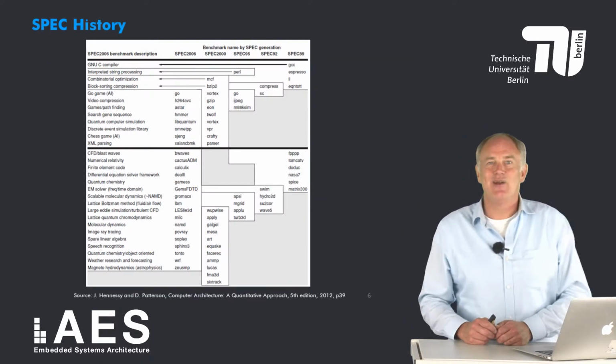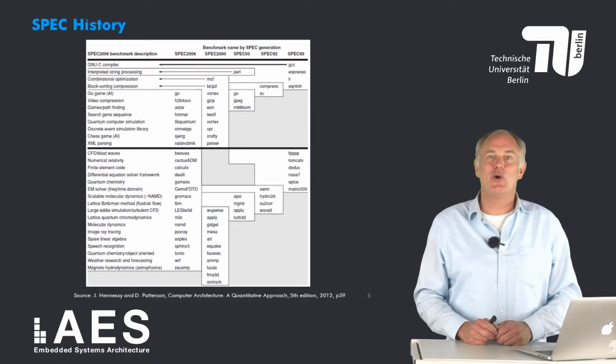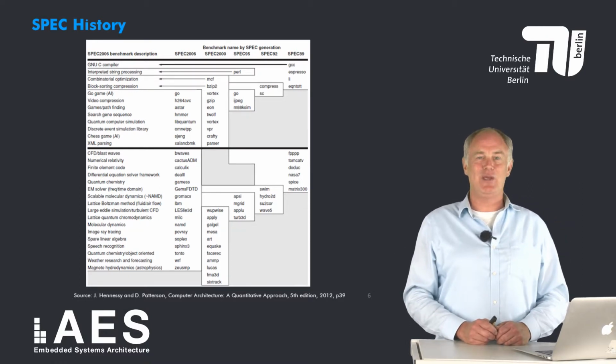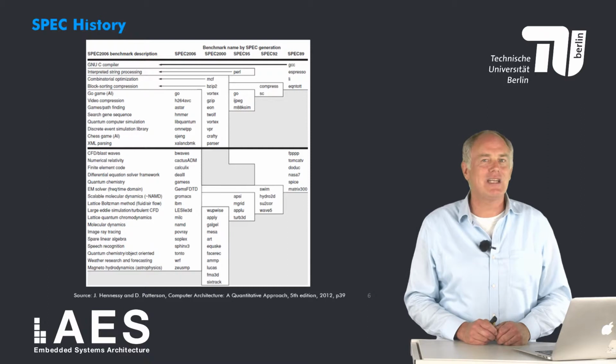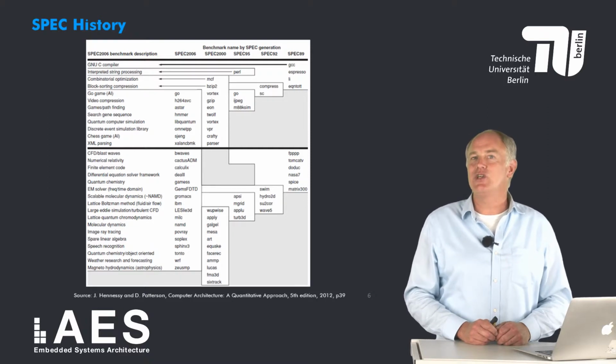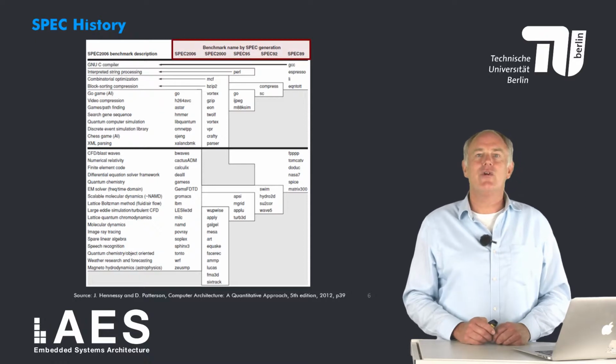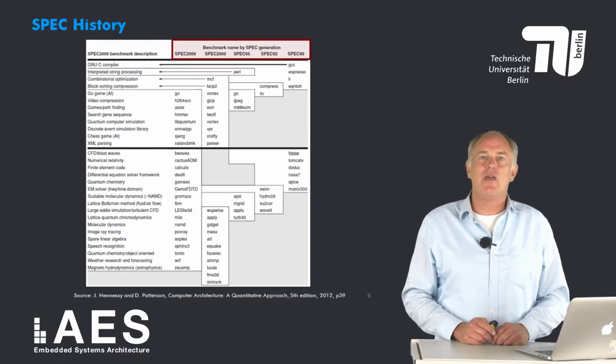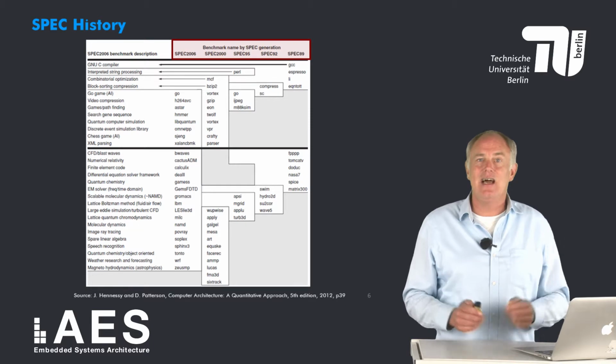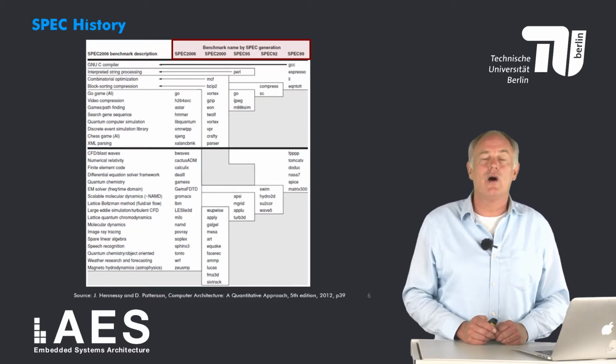This table here, which is taken from the textbook, shows a brief history of the SPEC CPU benchmarks. I will not explain this table in detail, just mention a few aspects of it. First, there have been 5 generations. The first in '89, SPEC 89, and the last one, the current one, in 2006.